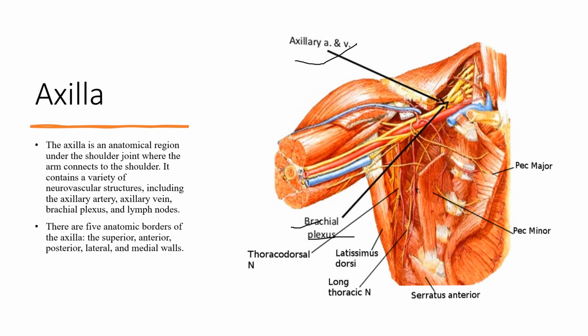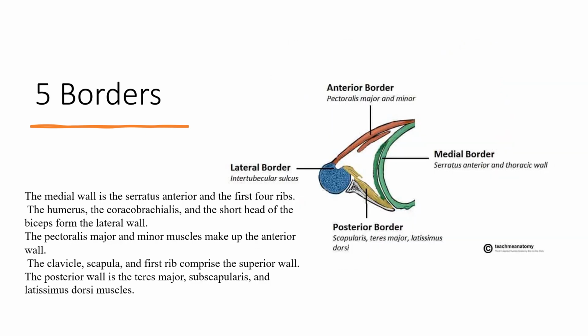Now, there are five anatomical borders of the axilla: anterior, posterior, lateral, medial, and superior. So let us see the borders. This is the medial wall.